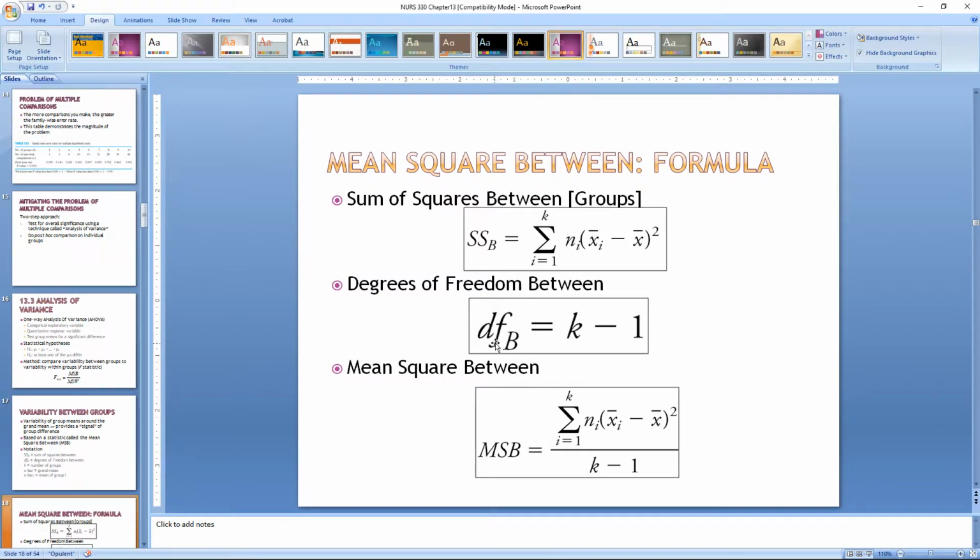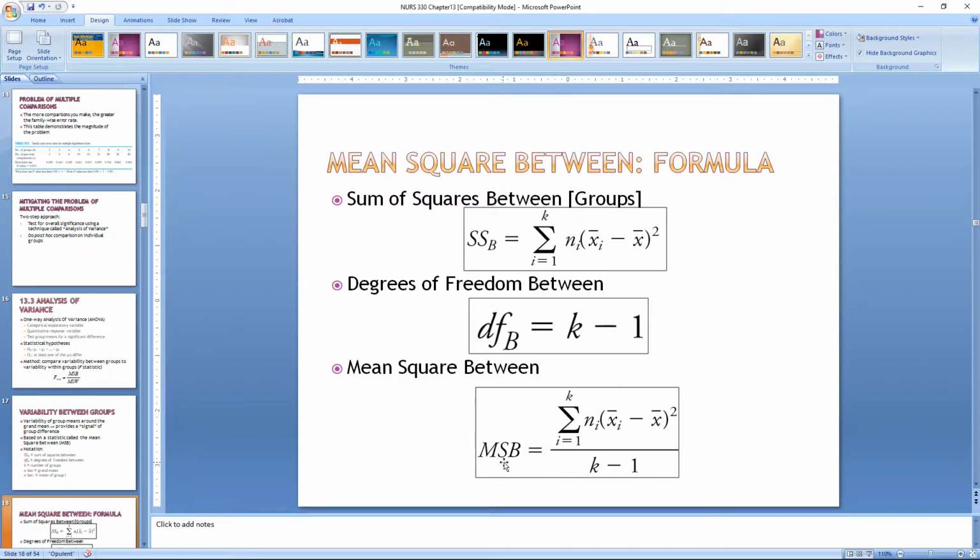Degrees of freedom between, df subscript capital B, equals k minus 1, remember k being the number of groups. K minus 1 will give you the degrees of freedom between. And then our mean squared between, our MSB, is going to equal the sum of squares between divided by our degrees of freedom between.